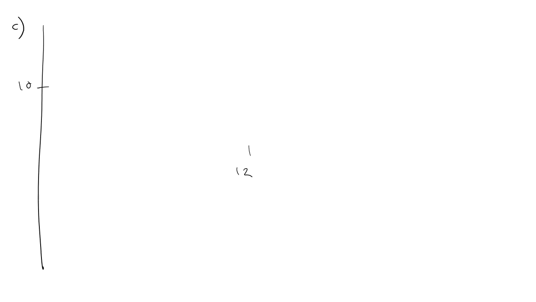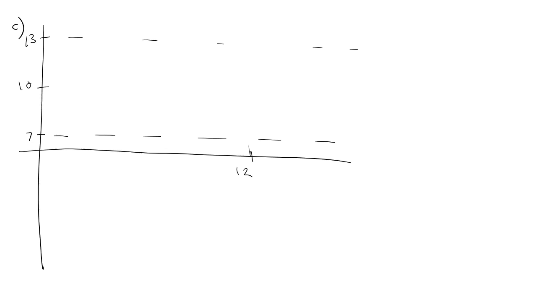So 12 up to here, and then that's 10. That will be 7. That will be 7. 13. It's not to scale. Okay, that's the midline, 6, and that will be 3, and that will be 9.